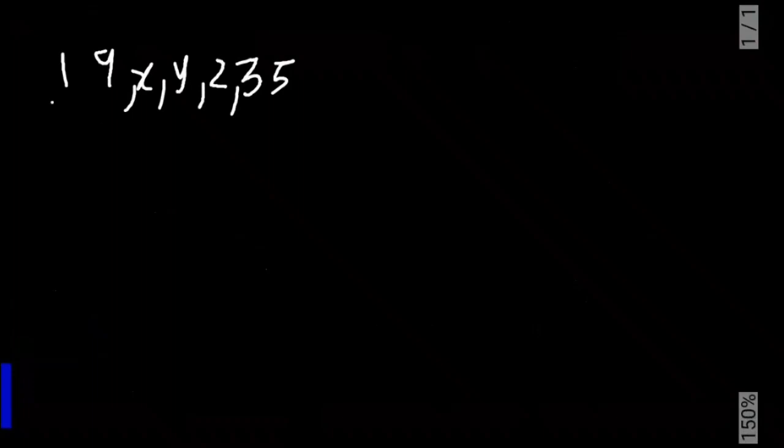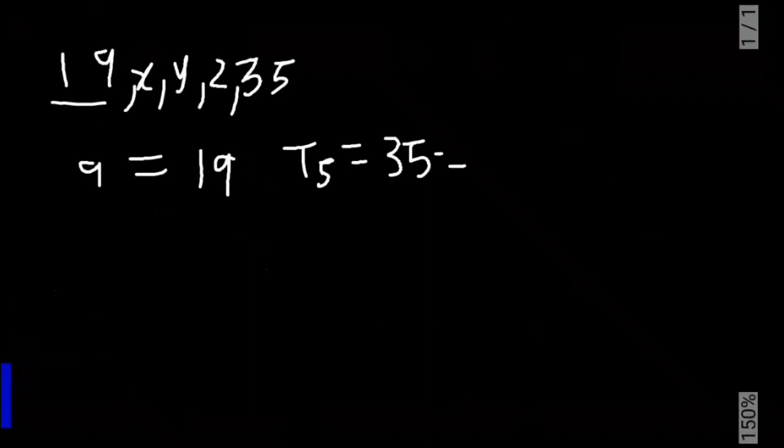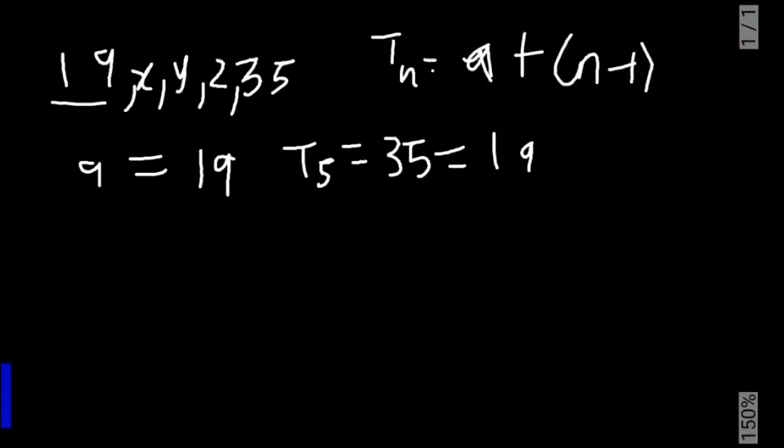So it shows us that this is our first term, 19. And our fifth term is 35, using the formula Tn equals A plus n minus 1 d. You should be familiar with this already.